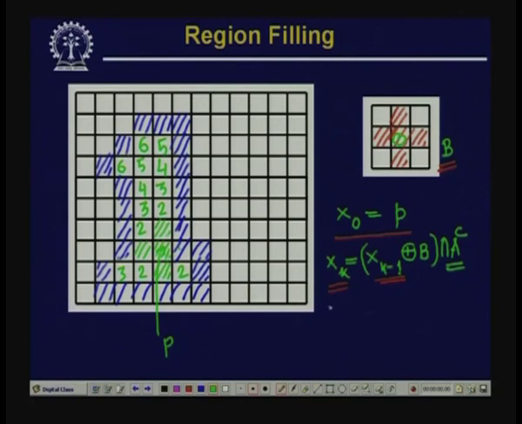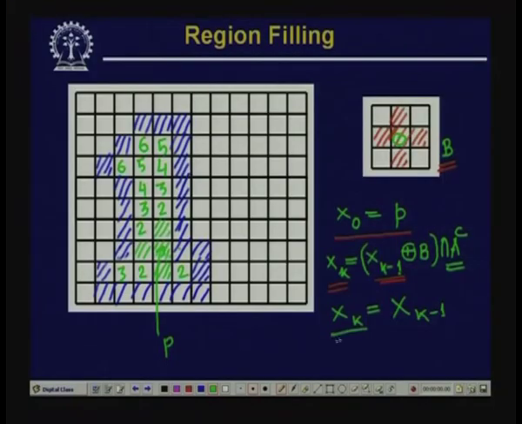So, I achieve a convergence when I find that x_k becomes equal to x_(k-1). So, when I get identical point sets in two subsequent iterations, that is my point of convergence.